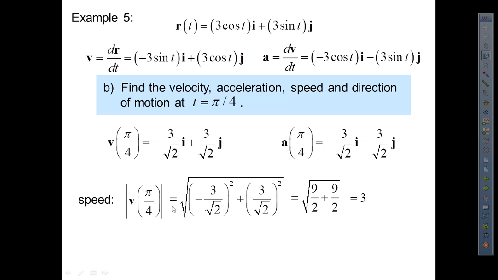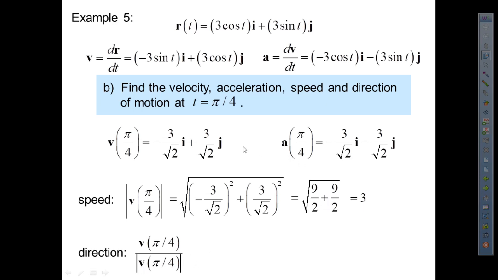Now what about the direction? If you remember the direction of motion, we're looking for the velocity vector, and we're going to divide by the speed. So the direction is the velocity at pi over 4 divided by the magnitude of the velocity at pi over 4.